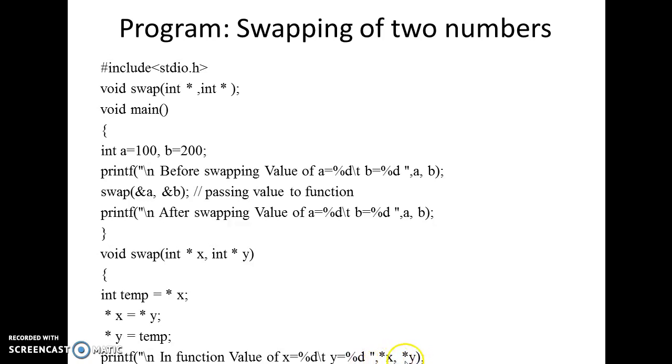Why are *x and *y written over here? If I simply write x and y, they belong to the addresses of a and b, and those would get printed. But we want the values at those addresses. Hence it has to be *x and *y.